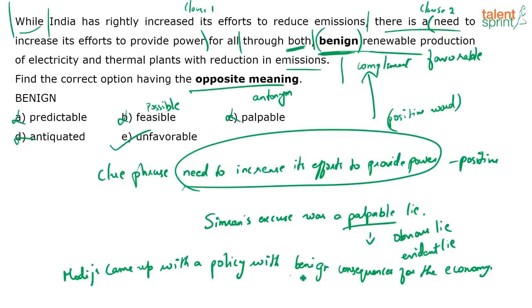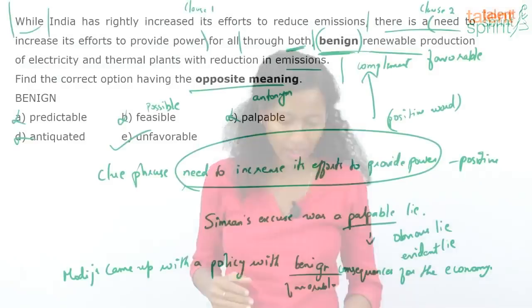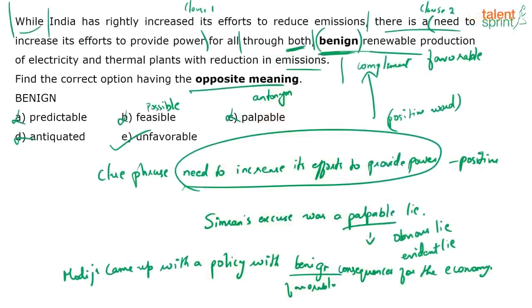He is making sure that the consequences are favorable. So this policy is detailed and explicit, stating that, boss, we are going to implement this policy and the consequences are obviously going to be beneficial, good for you, favorable for the economy, so don't worry, blah blah blah, right? So Modi ji came up with a policy with benign consequences for the economy, meaning favorable, beneficial.